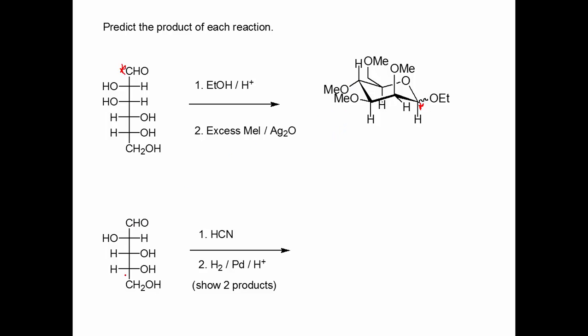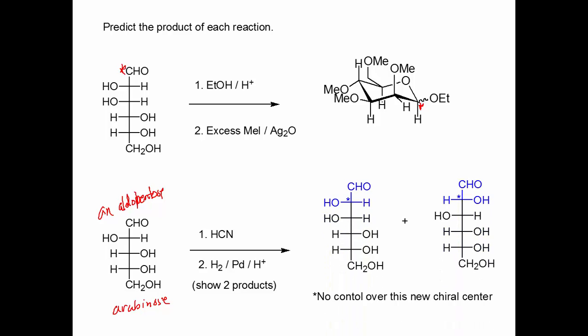Here we have an aldopentose. This one, I believe, is actually arabinose. Now we're just going to do the Fischer-Kiliani chain extension on this, okay?